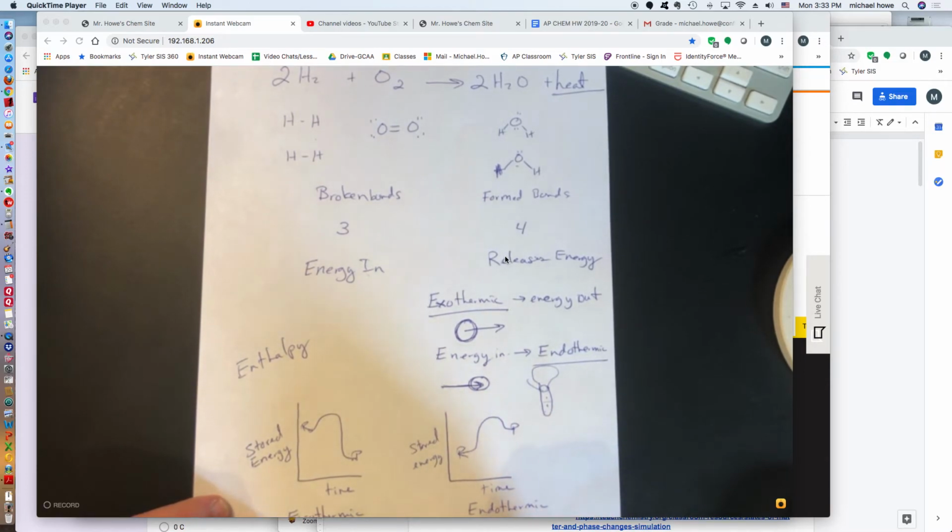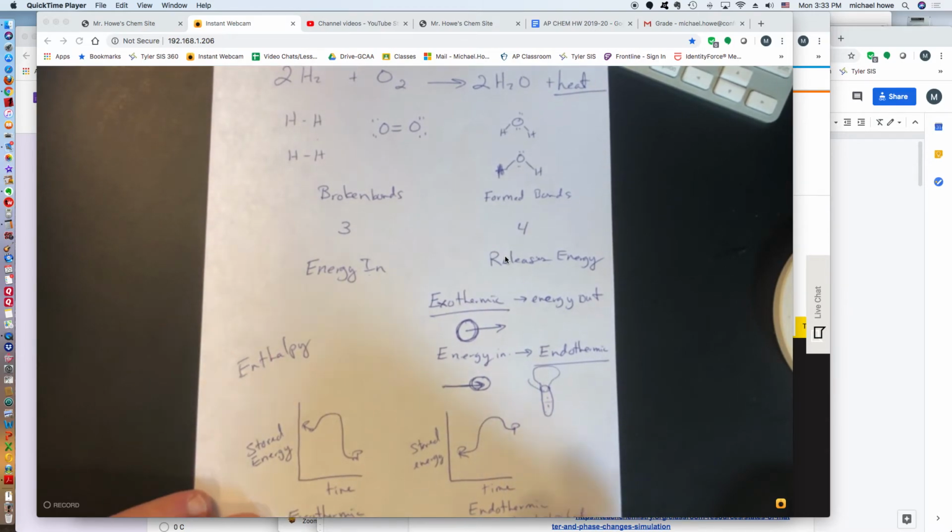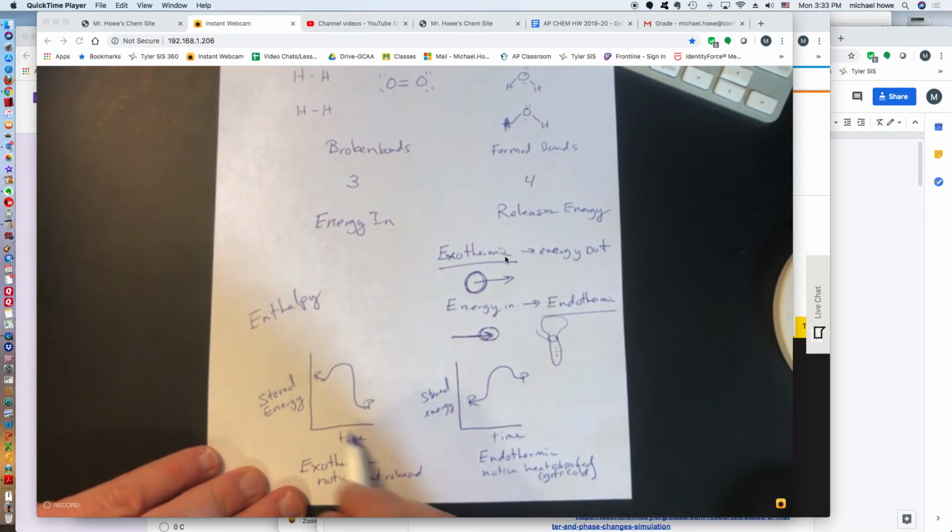And in this one, you'll notice heat absorbed. And what that means is that whatever you're touching will get colder.